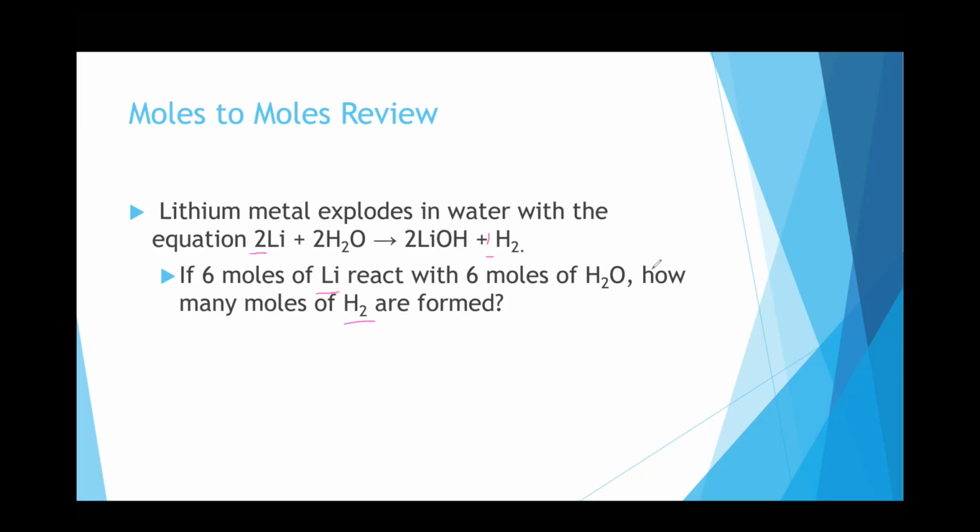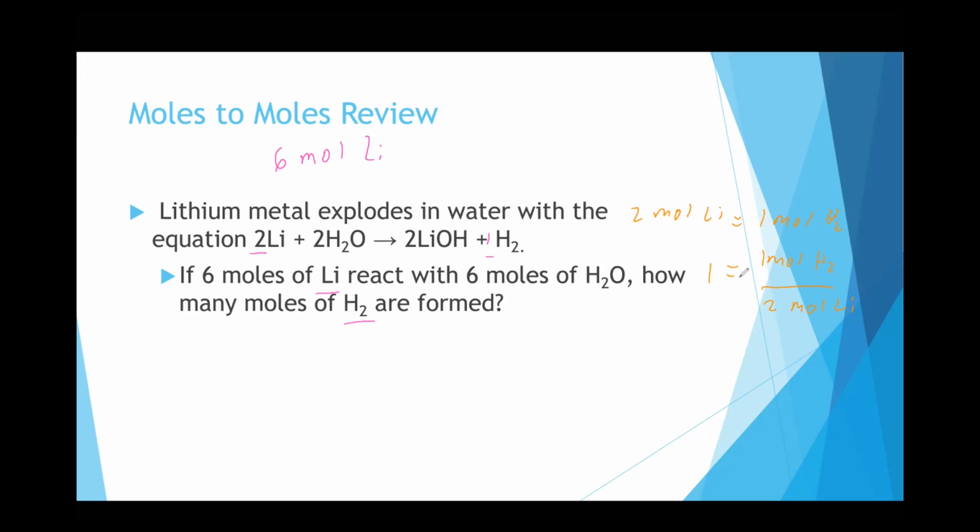So let's start with 6 moles of lithium. By the balanced equation, we know that 2 moles of lithium equals 1 mole of H2. That's an equality, so we can divide both sides by 2 moles of lithium. We get 1 equals 1 mole H2 over 2 moles of lithium.